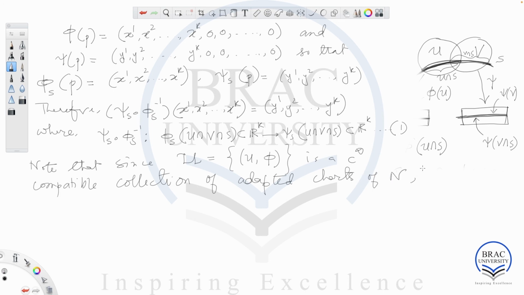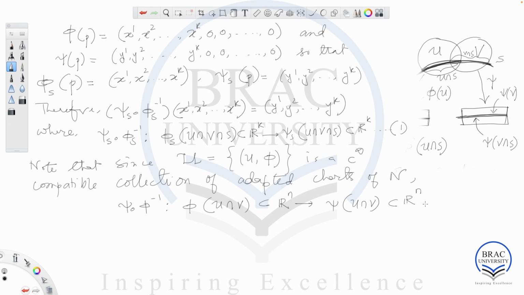So since they are C infinity compatible in N, psi composed with phi inverse is a transition function, and it's a map from phi of u intersected with v, which is a subset of R^n, to psi of u intersected with v, which is a subset of R^n.